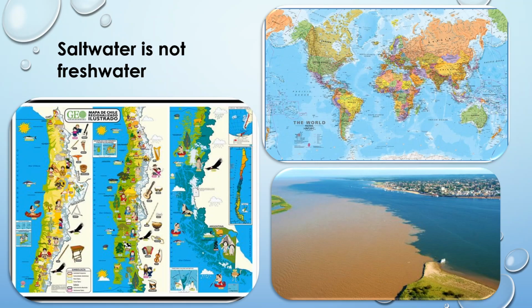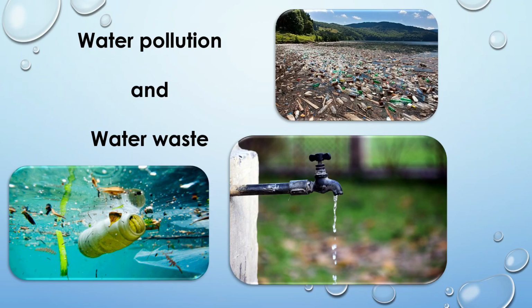But there is a problem with that sometimes, and that is water pollution. Remember that in the previous unit we talked about air pollution, and that was a big problem? Well, water pollution is also a big problem, not only for us because we cannot drink this polluted water, but also for animals and vegetation. Water becomes toxic, which is a problem for nature. This is a real problem that we have today.